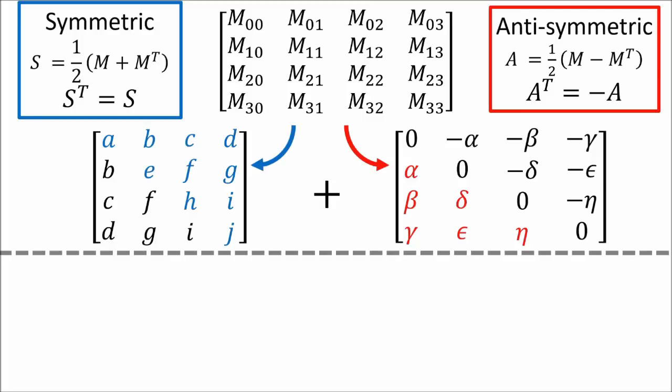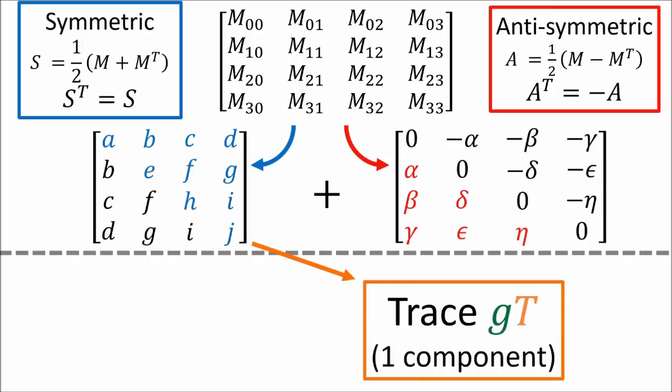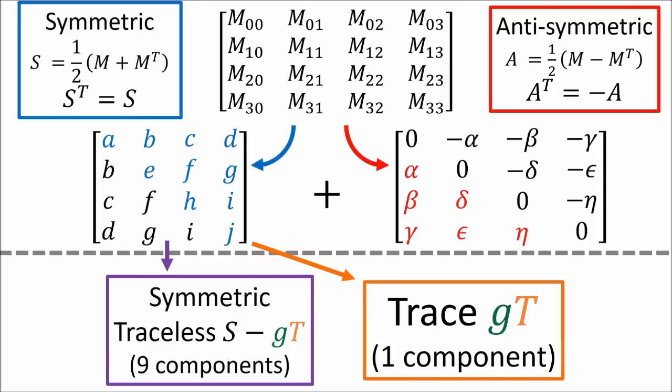So the 10-dimensional symmetric representation S further breaks down into a one-dimensional trace part given by GT and a 9-dimensional symmetric traceless part given by S minus GT. The 9-dimensional part is the irrep transformed by the 1,1 irreducible Lorentz representation.